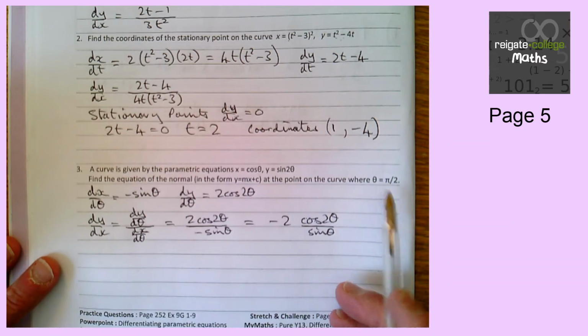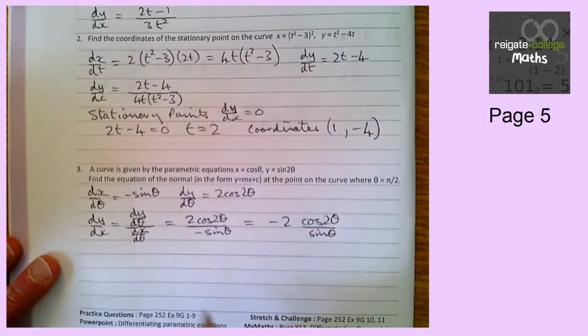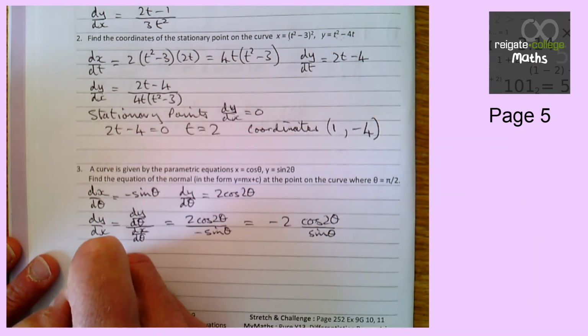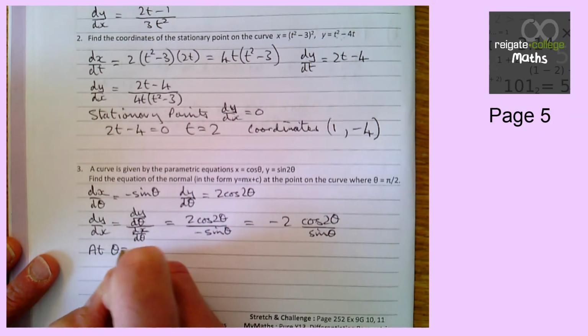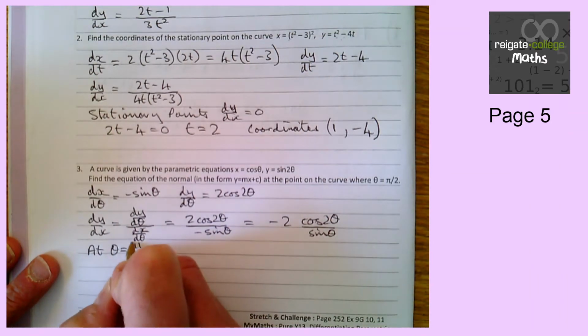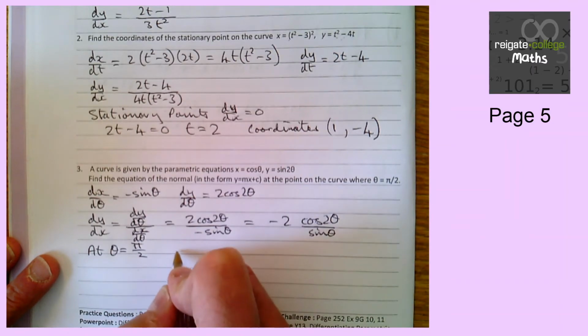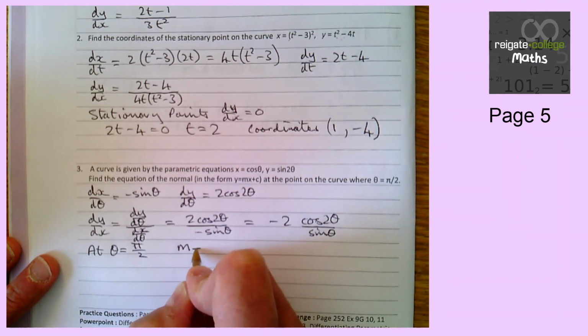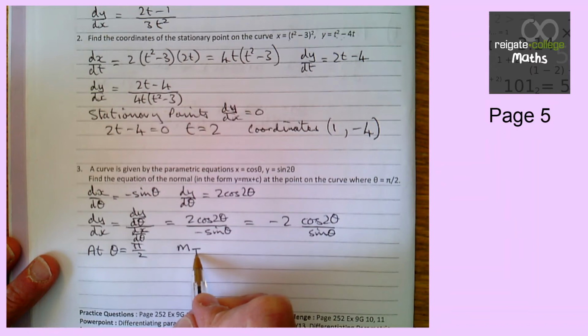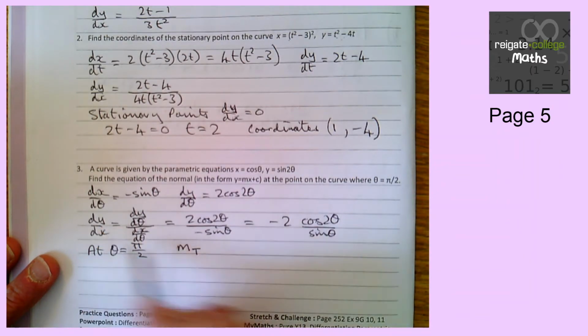So let's find the gradient of the tangent. So at theta equals pi over 2, I'm going to write mt for tangent. So the gradient of the tangent is given by dy by dx.